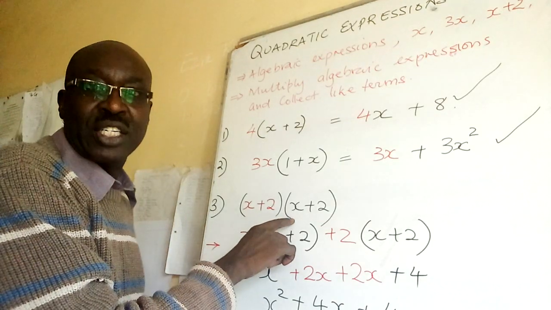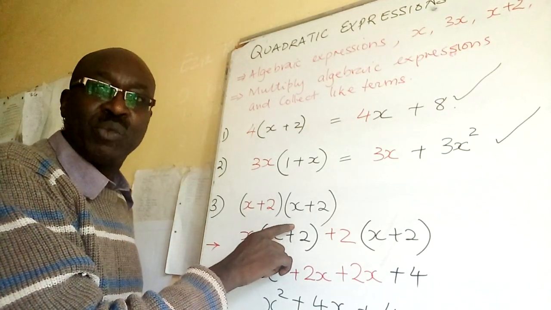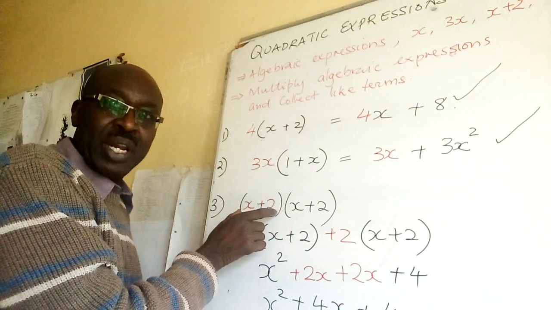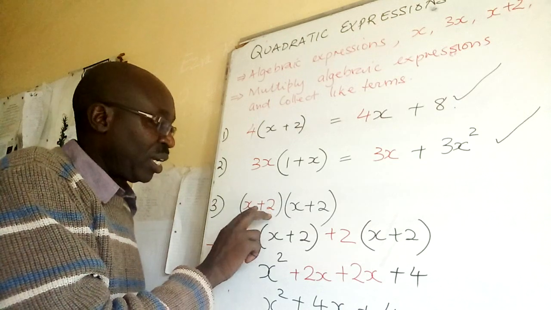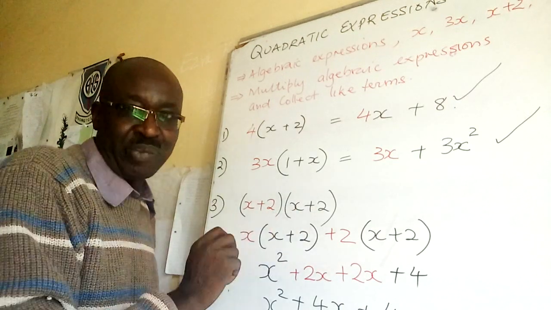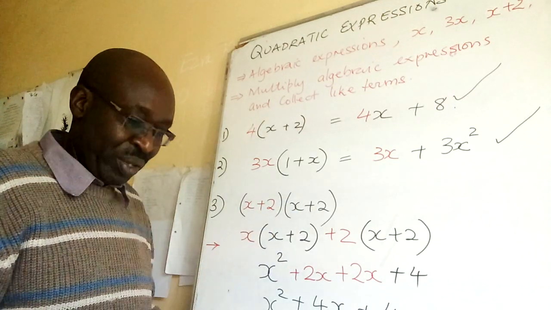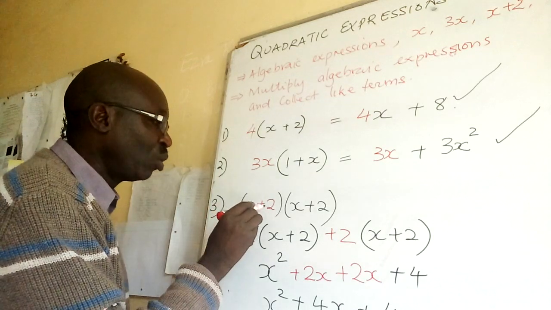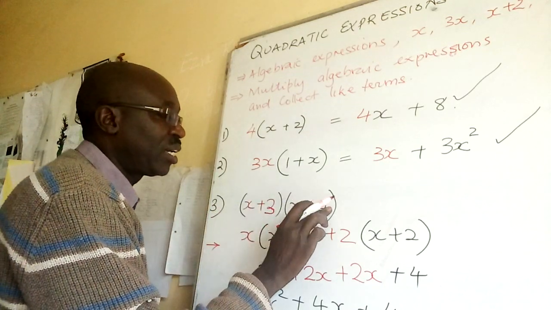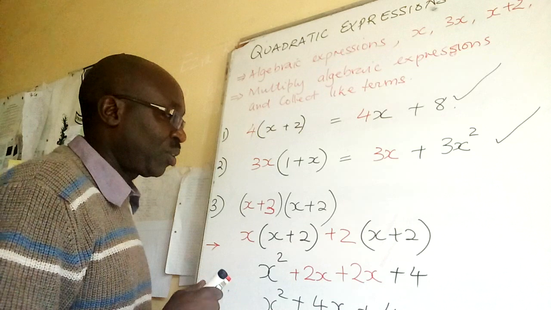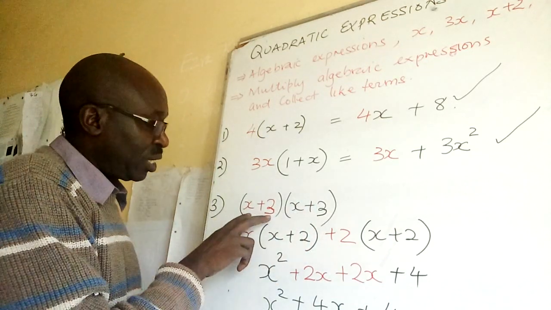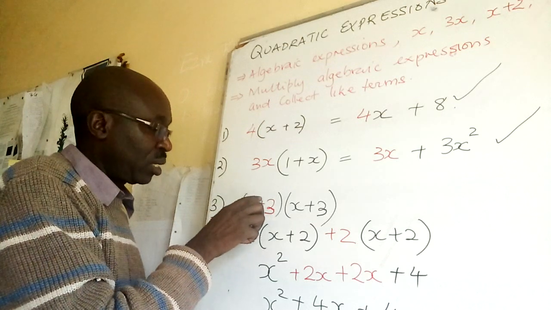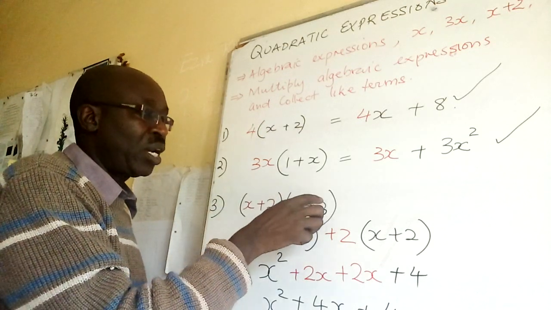So before I move the camera, we are now multiplying a bracket with 2 elements by another bracket with 2 elements. Okay? These are 1, 2. Even here we have 1, 2.